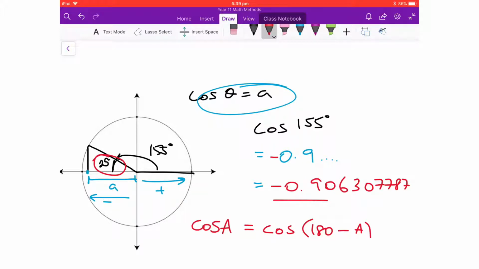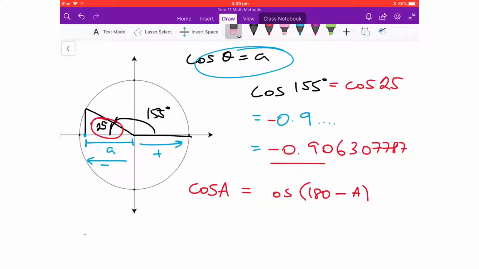If you typed cosine 25 into your calculator, you'll get the same value as 155, just that instead it will be positive. Oh sorry, I forgot to note that it's actually a negative, because if we do 25 over here, we get a positive value, but instead we're going to end up with a negative value. So it's important to note that's a negative. I forgot to mention that. But that's our second one.